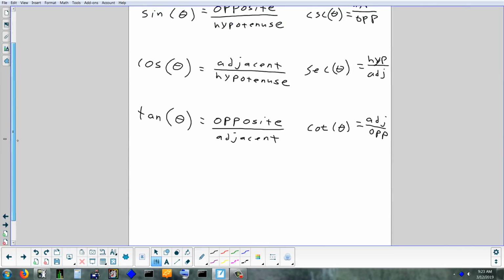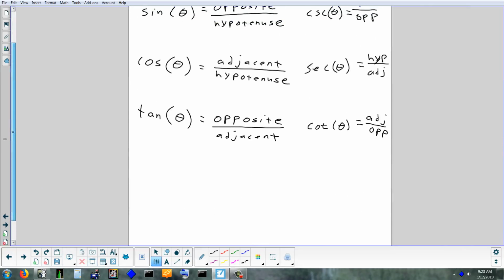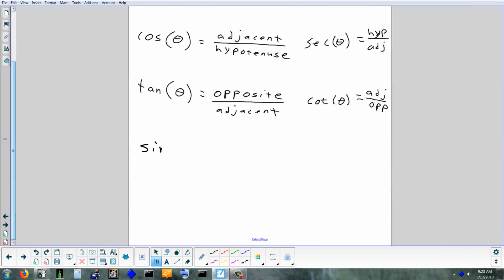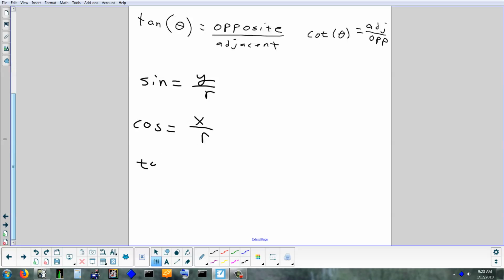Now, I said that this is the same thing as unit circle trig. When we did unit circle trig, sine, if you remember, it was y, but we always had to divide by r, just most of the time r was 1, so it didn't matter. Cosine was x divided by r, and tangent was y over x.